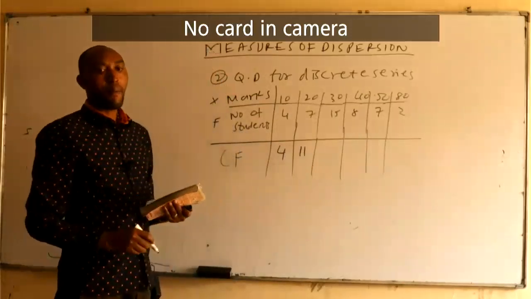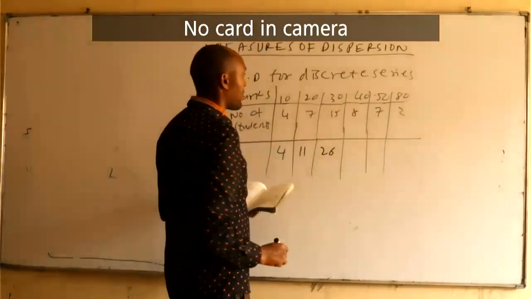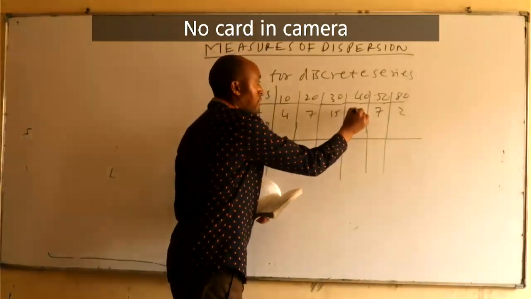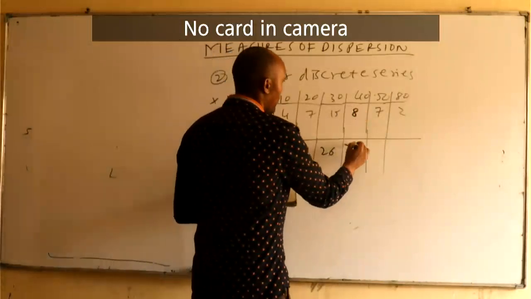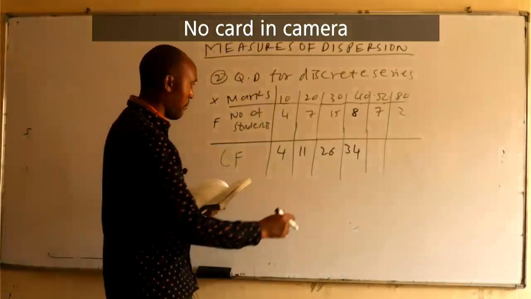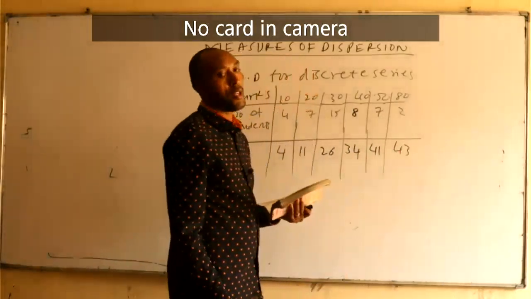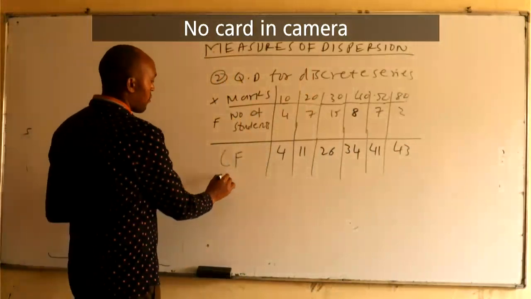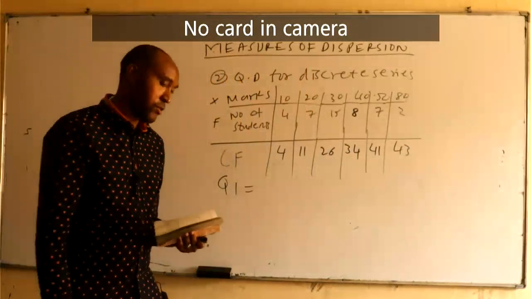Then 11 plus 15 gives us 26. Then 26 plus 8 gives me 34. Then 34 plus 7 gives me 41, and then this should be 43. So we go back to our formula for how we used to get Q1. We shall just use the same.